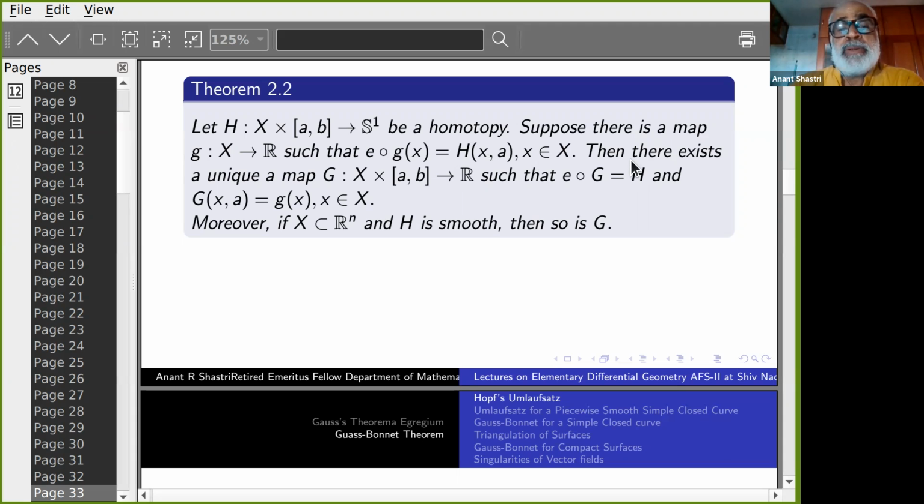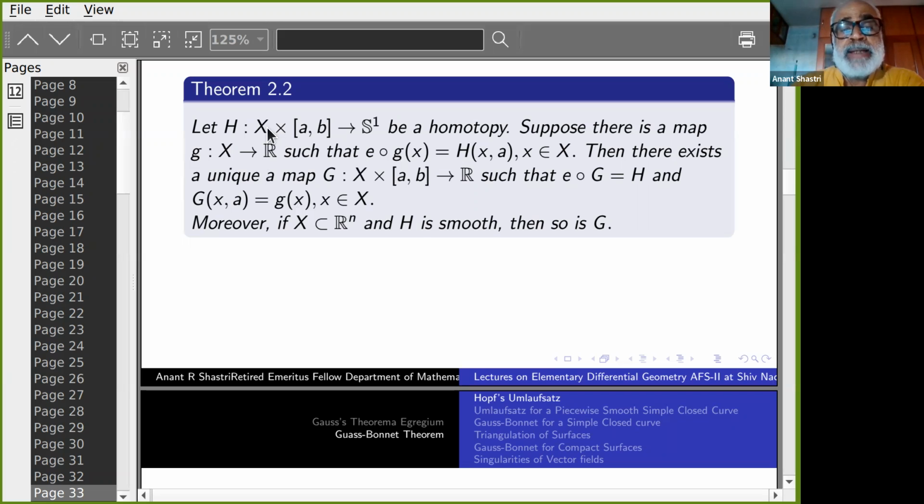The statement says that then there is a unique map G from X cross [a, b] to R such that E composite G equals H, for all (x, t). Moreover, this capital G is nothing but g at the starting point.